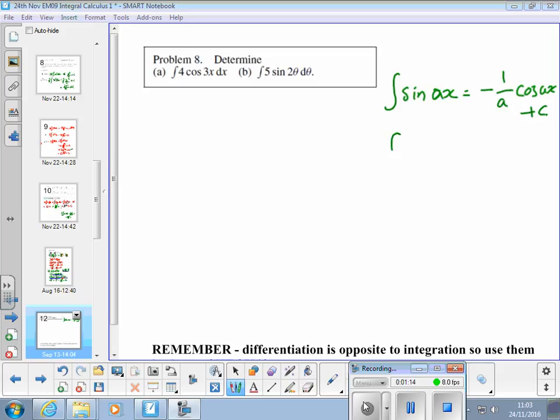And the integral of cos AX is, from the table, 1 over A sine AX plus C. So you're going to use those two entries in the table of integrals to work on those two functions. I'll get them written a little neater on the other page and paste them into that page, I think.